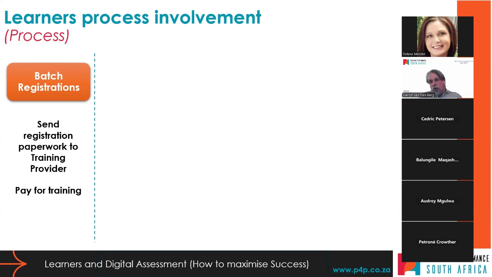Everybody knows that. Most learners are comfortable with that. All their companies pay for them, but they're used to that part of the process. They've bought stuff before, they've filled out forms before. If they've got an ID document, they've had to fill out a form. It's quite a comfortable process for them. Most training providers are comfortable with the batch registration. Maybe not comfortable, but they do it with the SETAs.